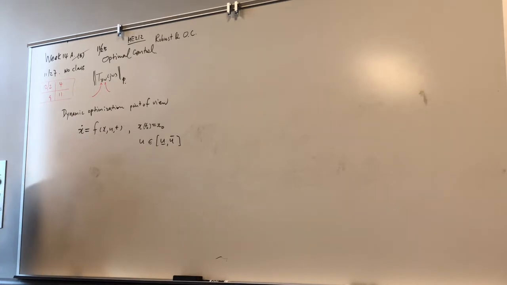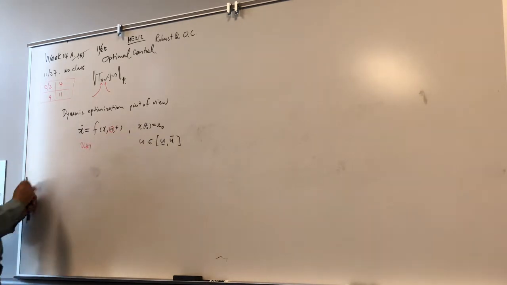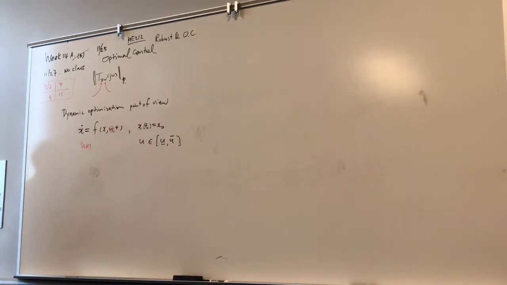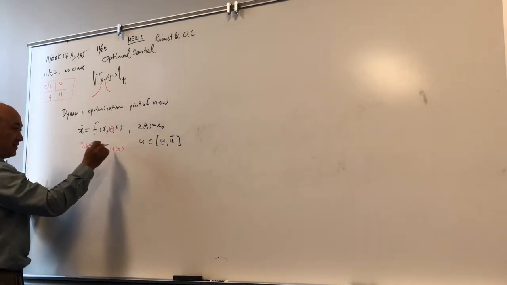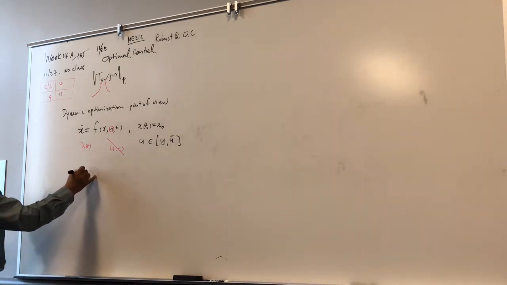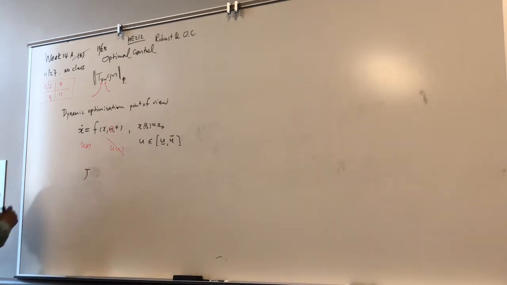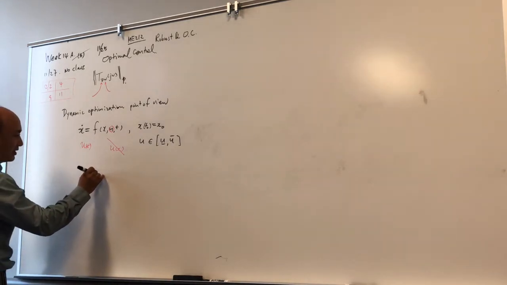So my job is to find out the u of t. I didn't say u of x, okay? Not yet. So optimal control means I have a J, which is a function of my u(t).